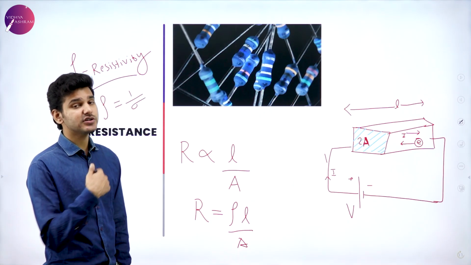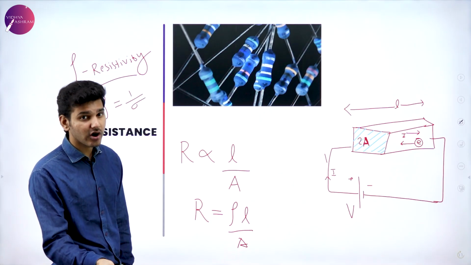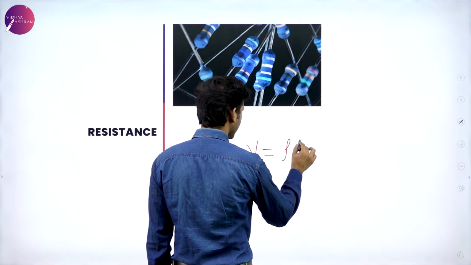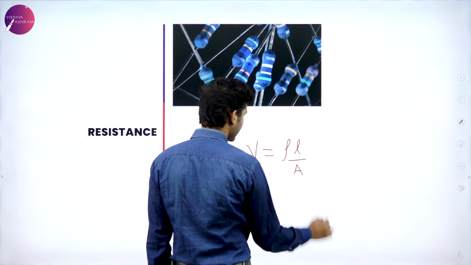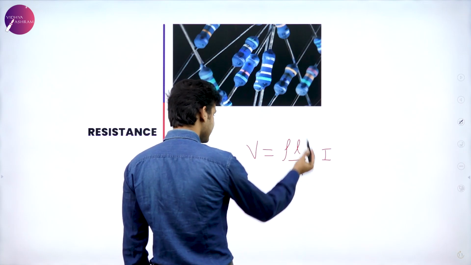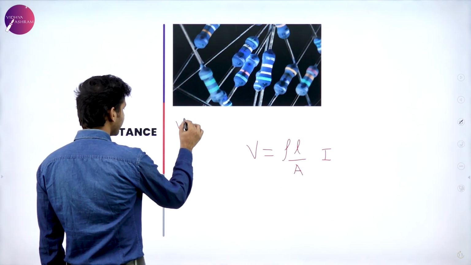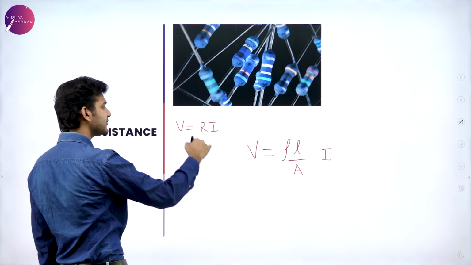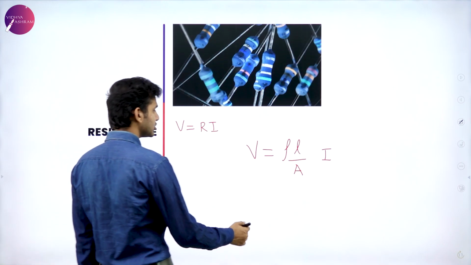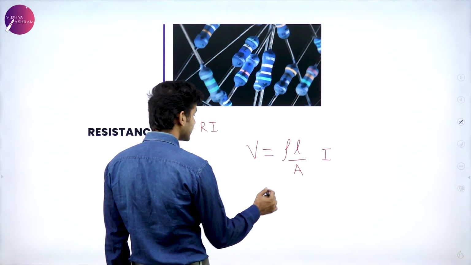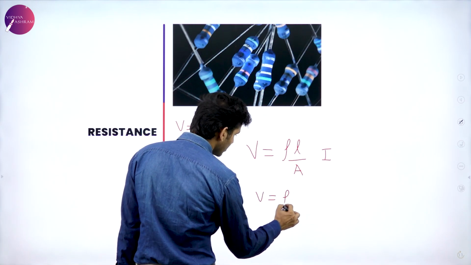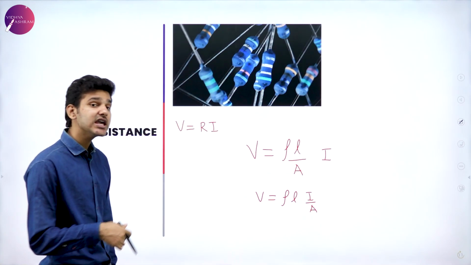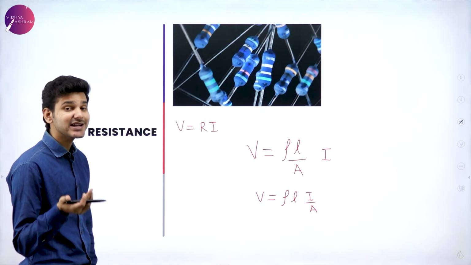So we can substitute this equation into the equation for Ohm's law, and we can write it as V is equal to rho L divided by A into I. Why? Because this particular quantity is nothing but R, that is V is equal to IR, and that R is being expanded and written as such, so that I can rearrange that equation and write it as V is equal to rho L I divided by A. So we know that I by A is nothing but current density.